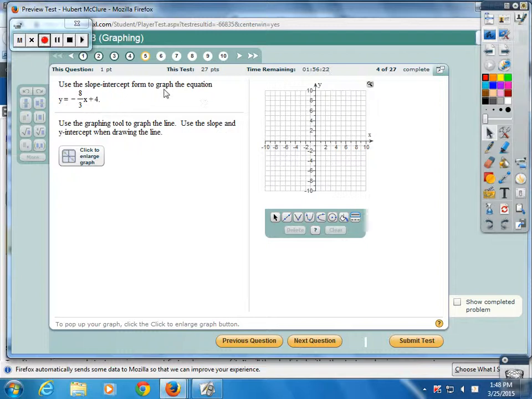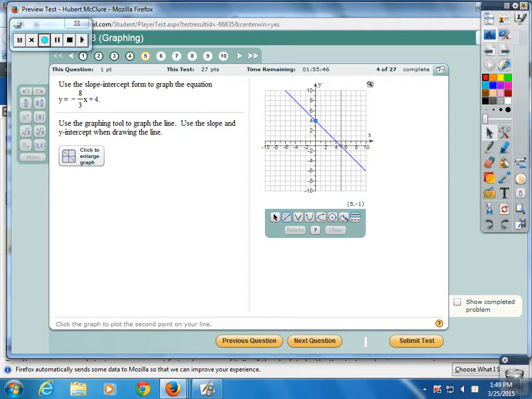Use the slope-intercept form of a graph to graph the equation. Which method? Method 3. Good. So 0, 4. I'm going to put 0, 4 right here. Thank you. And then I'm going to count negative. There's the negative slope right here, because we read which way? Left to right. So on the left hand, you're uphill and you're going downhill. So that's a negative slope. Let's not try to make this more difficult.